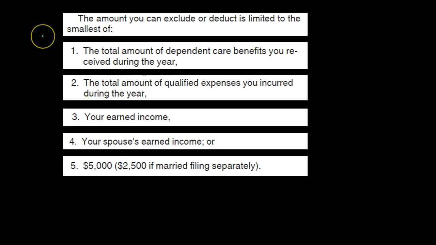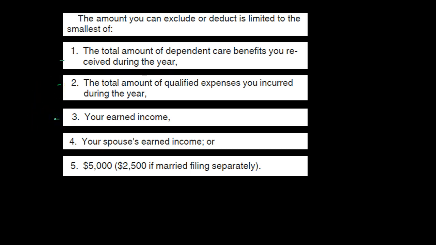Let's break that down again. The amount you can exclude or deduct is limited to the smallest of the total amount of dependent care benefits you received during the year, the amount you got, or the total amount of qualified expenses you incurred during the year. So if you received more than the expenses you incurred, then you're limited to the smallest of, or your earned income.